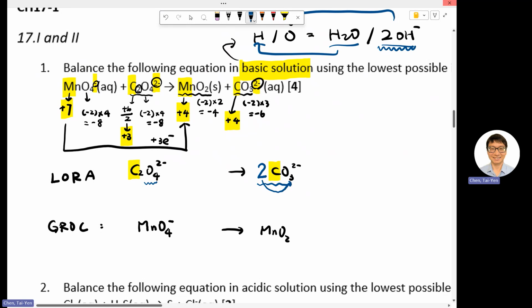Okay, so we're going to add in 2 equivalents of OH minus on your reactant side. So this will simply become 4 OH minus.